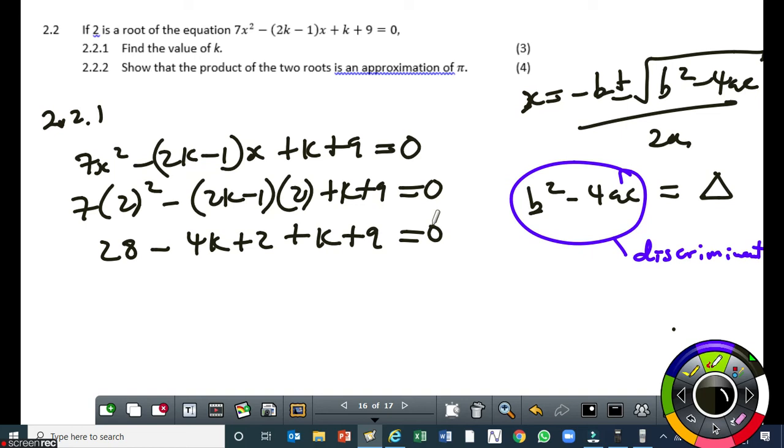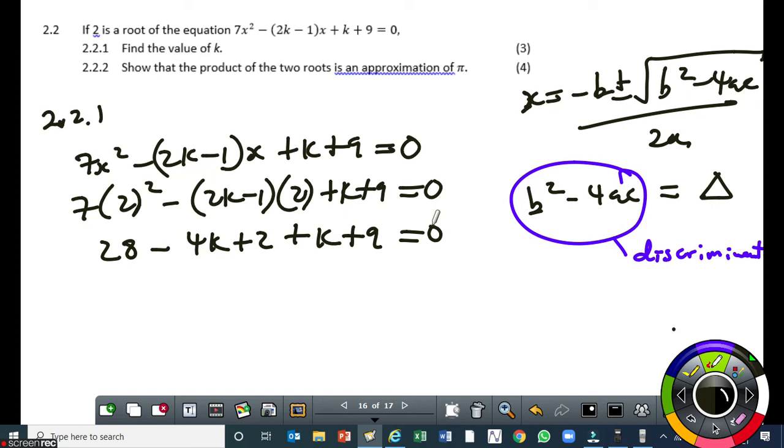It gives you a plus. 2 squared is 4, right? 4 times 7 is 28.